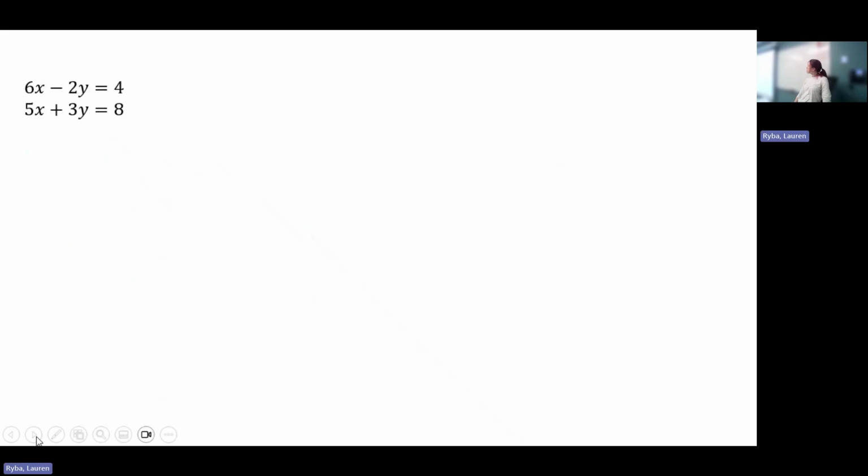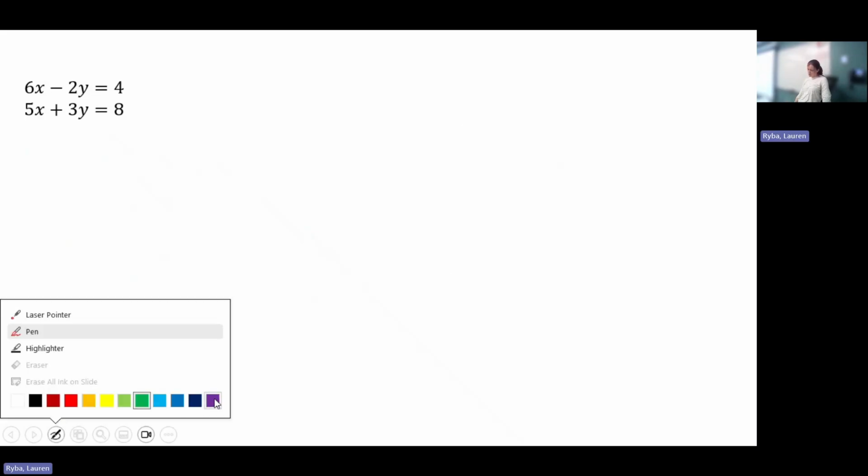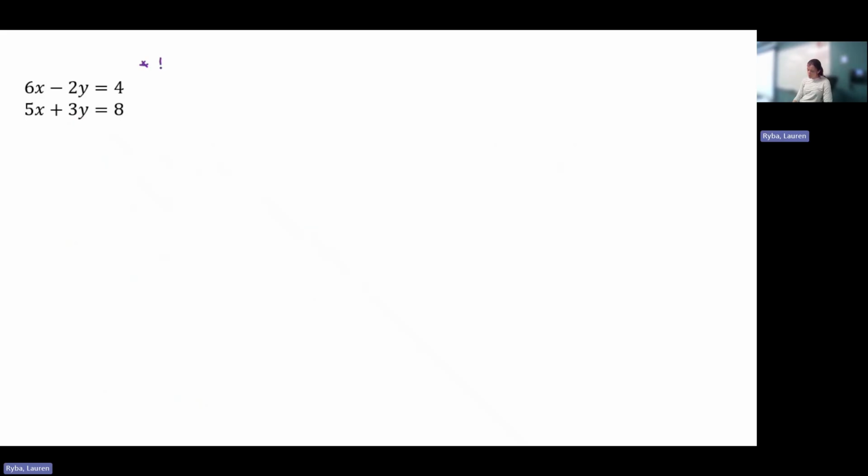Nothing's ready to go. What I'm going to have to do is multiply both equations. So I look here, I've got 6x minus 2y equals 4, 5x plus 3y equals 8.